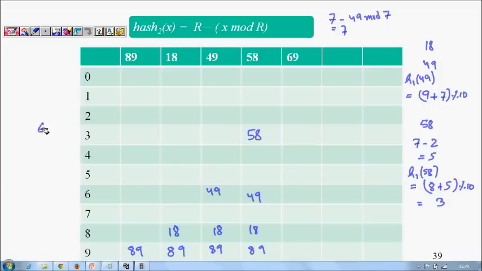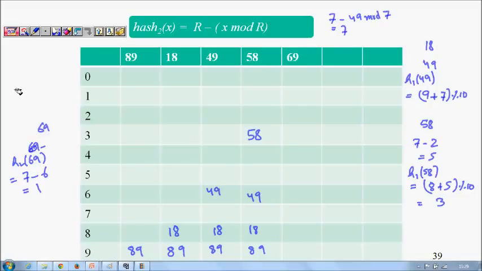Now finally let's try to insert 69. 69 modulo 10 is 9. Again this place is already filled. So for 69 we find hash2(69), which is 7 minus (69 modulo 7). 69 modulo 7 is 6, so it is 1.